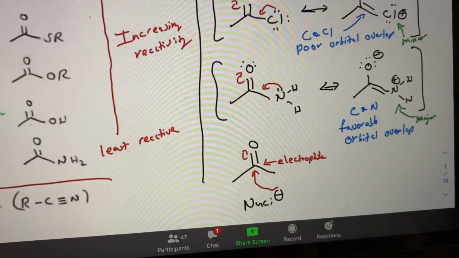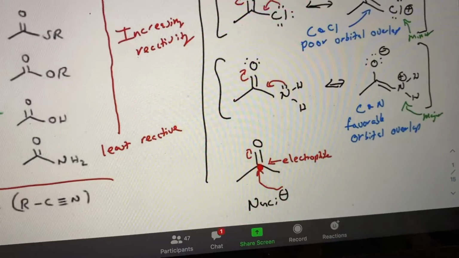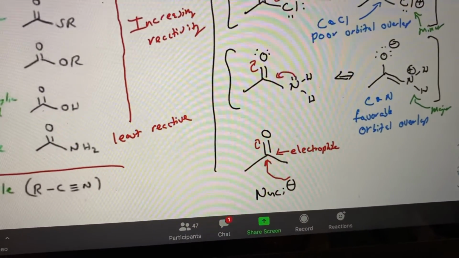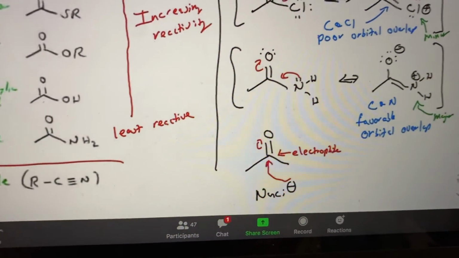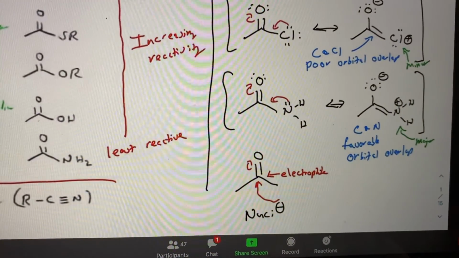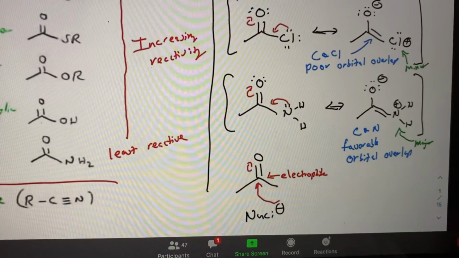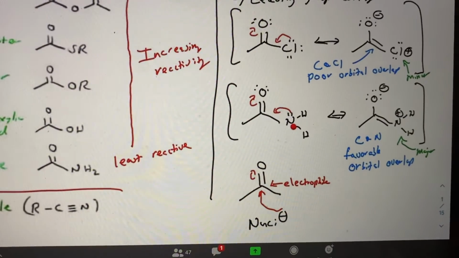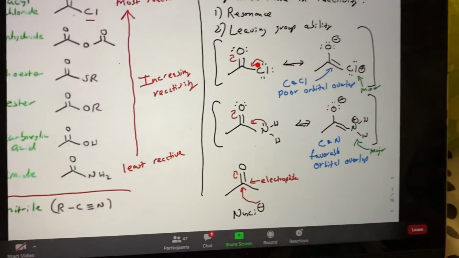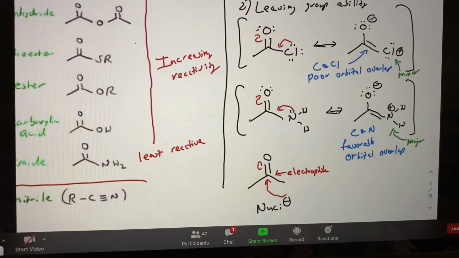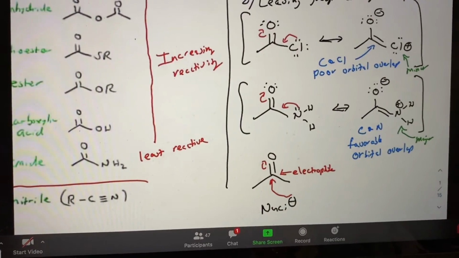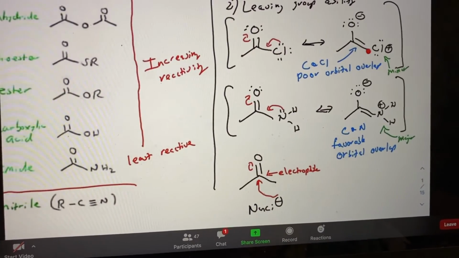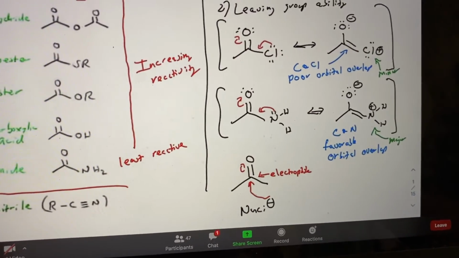So anything that is withdrawing electron density away from this carbon should make it more reactive, should allow our nucleophile to attack. And we can consider what are the different features of these species that could change the electrophilicity of this carbon. One is we have all of these substituents with lone pairs of electrons, so they could actually dump electron density back into the carbonyl carbon, which will make it less reactive, with more electron density on this oxygen. And here we're saying we can draw resonance structures, actually we're just using the acyl chloride and the amide.